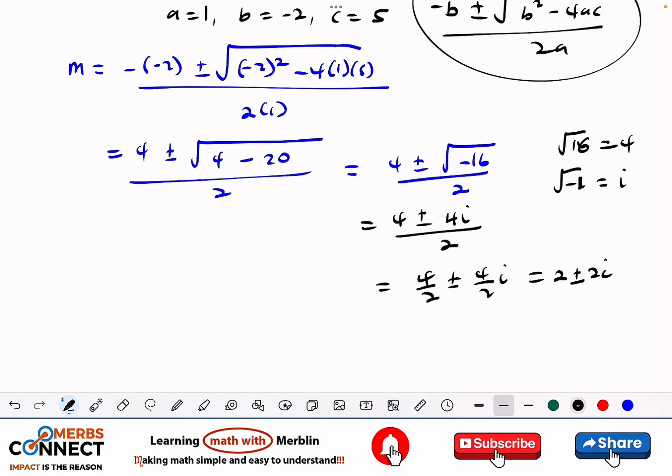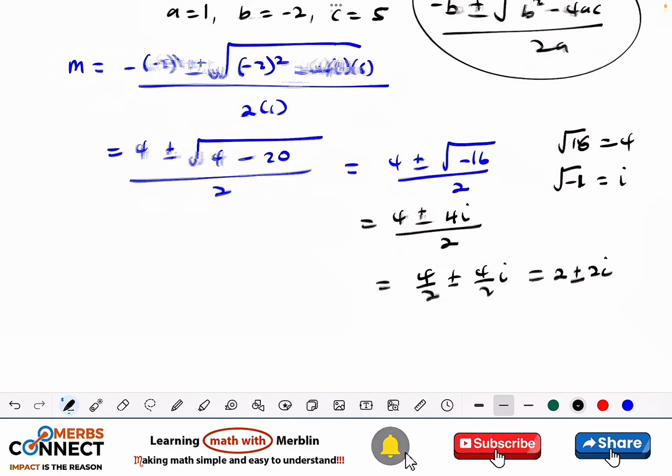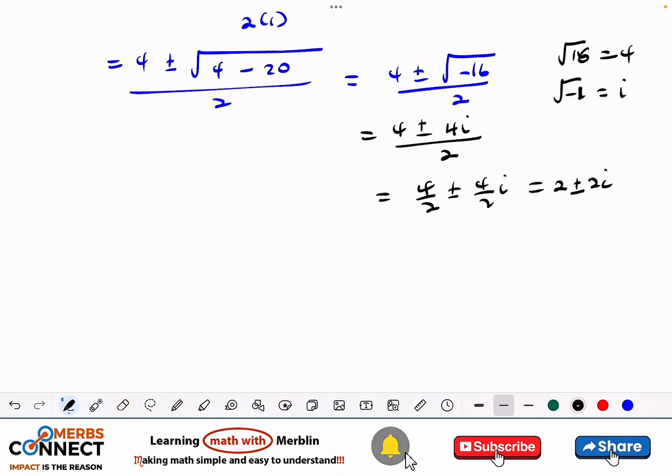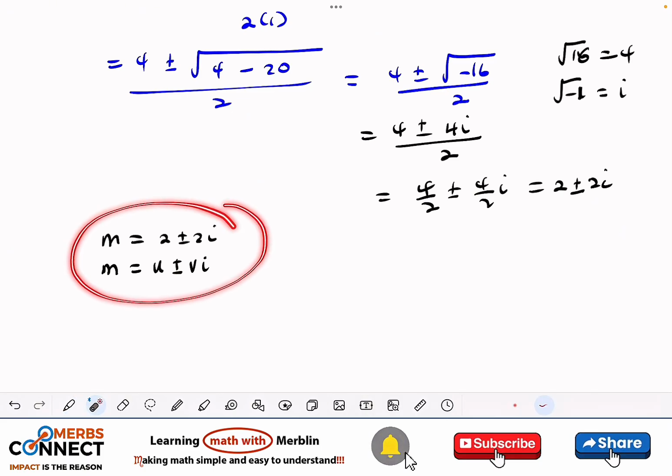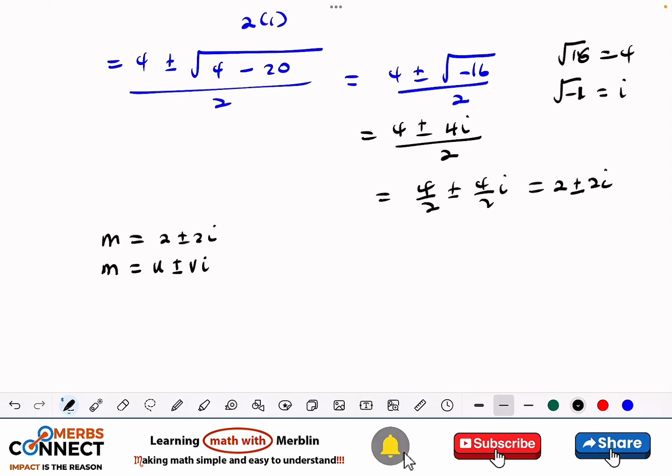So this is going to give us the complementary solution. So here we can see that our m is equal to 2 plus or minus 2i, which is of the form u plus or minus vi, right? So this is the form. So remember how to write the solution for the complementary solution when we have a complex root, right?